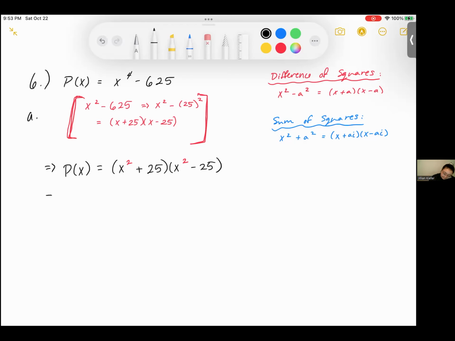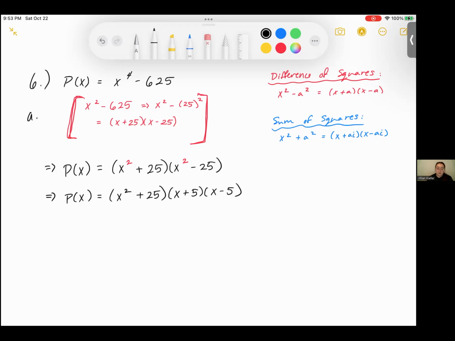So p of x would be equal to x squared plus 25. And we know that 25 is really 5 squared. So x squared minus 25 using the difference of squares would be x plus 5 times x minus 5. And that's how we get x squared minus 25 factored using the difference of squares.